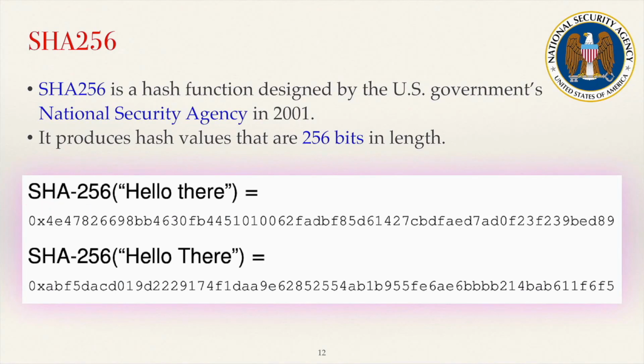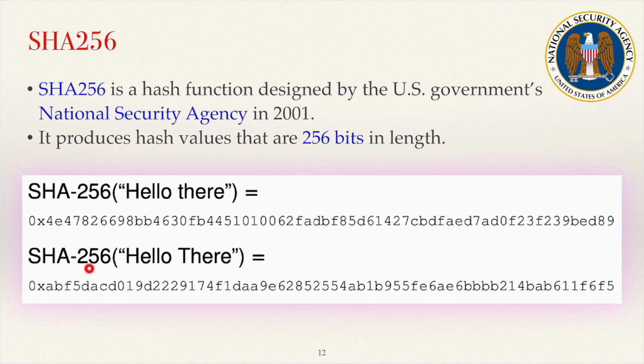I've hashed the message, hello there, and the result is this random-looking string, which I've written in hexadecimal. 0x stands for hexadecimal, and the hash value has 64 hexadecimal digits, which correspond to 256 bits. Note that the hash value bears no resemblance whatsoever with the actual message.